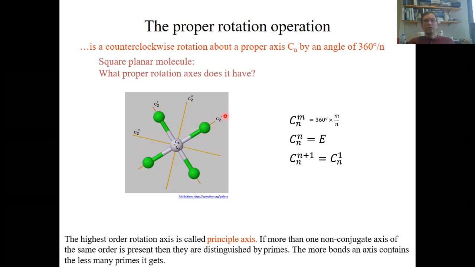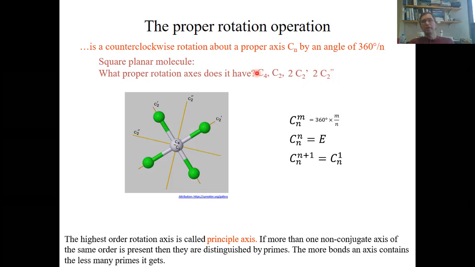So now we have learned about the proper rotation operation. We have learned about the proper rotational axes, which are C4, C2, then we have 2 C2 primes and 2 C2 double primes.